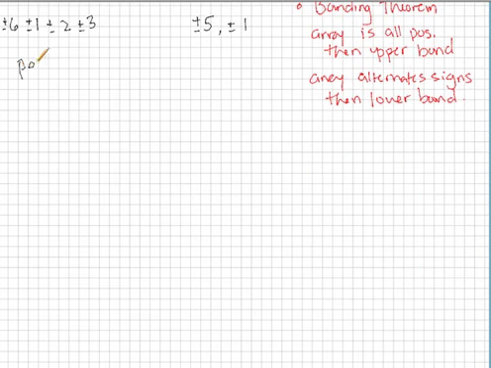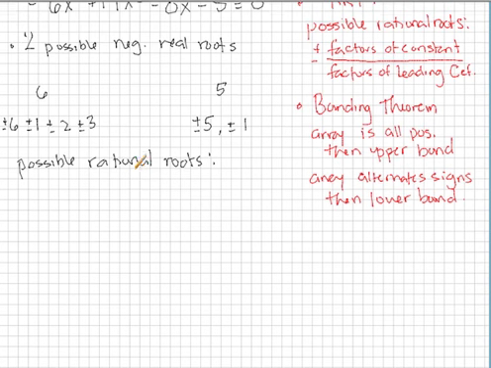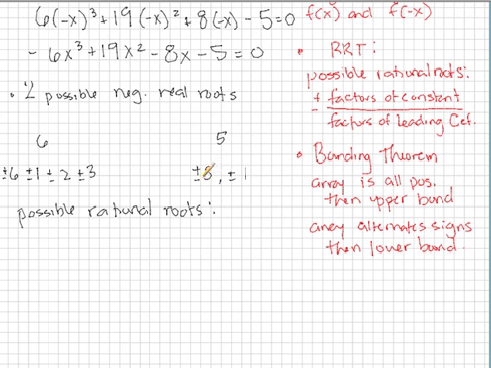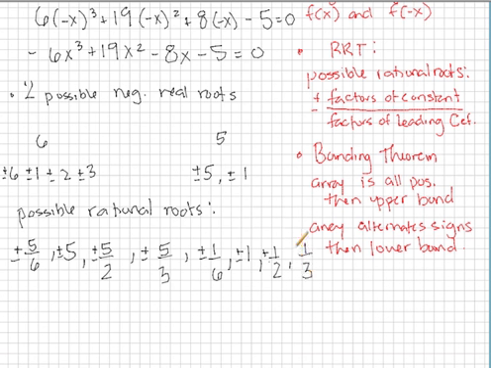So all my possible rational roots, which includes integers, are going to be, let's see, we got 5 over 6, plus or minus, of course, 5 over 1, 5 over 2, 5 over 3, 1 over 6, 1 over 1, 1 over 2, and 1 over 3. So lots of them in this case.